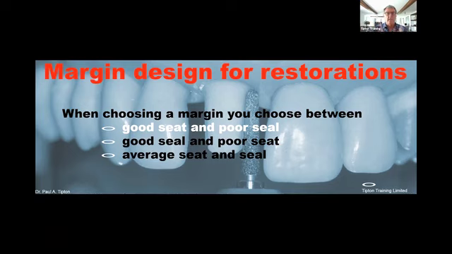So number one, think about it for bridges, but not every single bridge. We have to weigh up what is the worst case scenario. We've got to weigh up bad seating versus bad sealing. And if somebody's got a history of caries, then it may be better to have something that seals. And maybe we talk about how we get that to seat down in a few minutes.